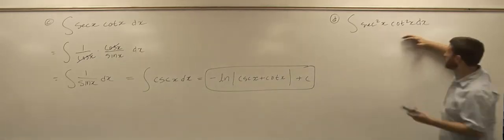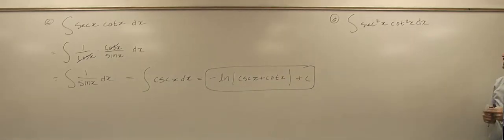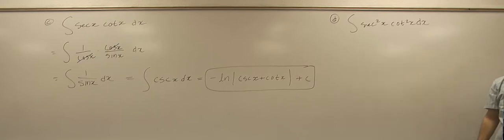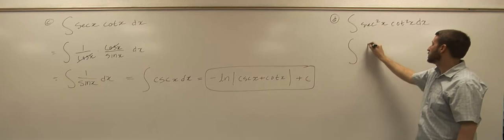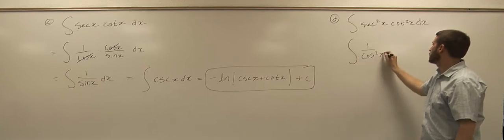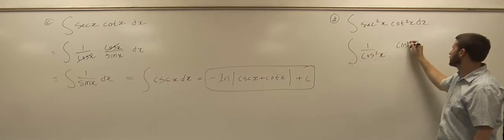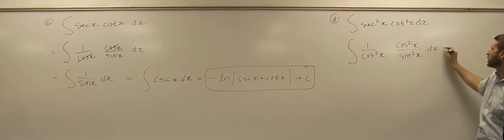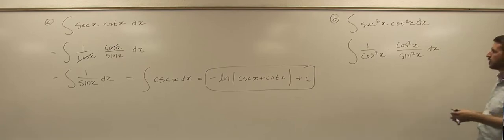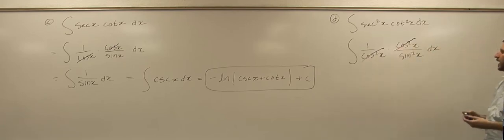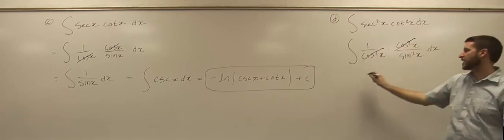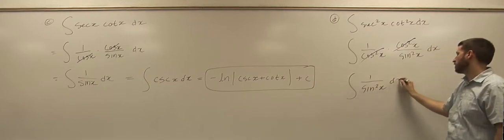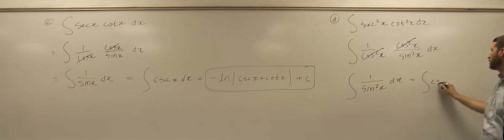So you still can't do any clever substitutions because you don't have the right derivatives. But you can simplify this with simple identities. In this case, I end up with 1 over sine squared, which is cosecant squared.